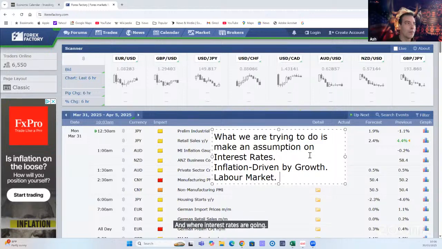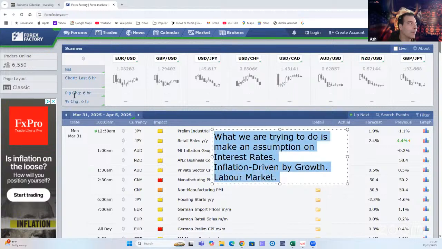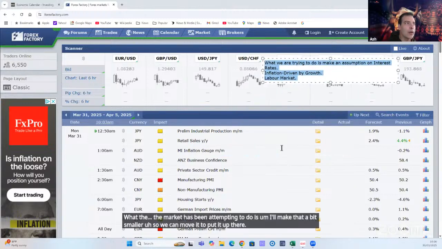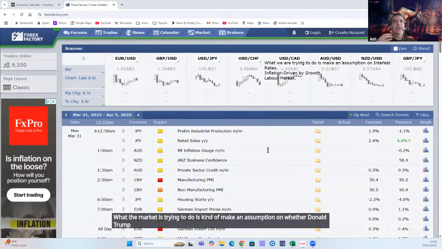For quite some time, what the market has been attempting to do is make an assumption on whether Donald Trump is going to affect the US economy so negatively that Jerome Powell has to lower interest rates.